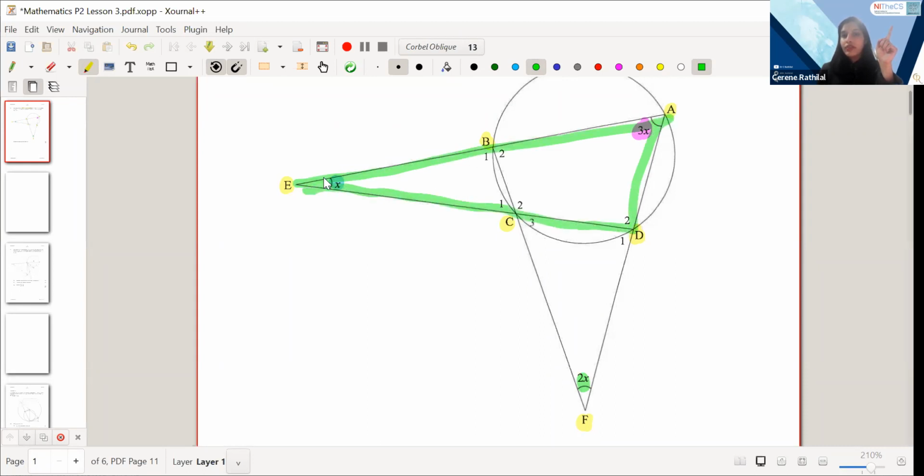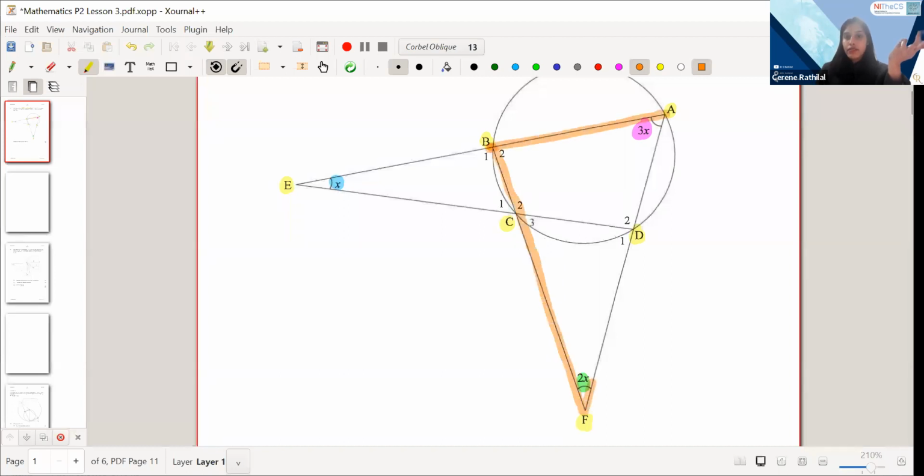And within this green highlighted triangle, one of the angles is x and the other angle is 3x. So that is known to us. There's also another triangle that we could bring our attention to, and it is triangle AFB. Again, we have 2x and 3x as angles within this, okay?